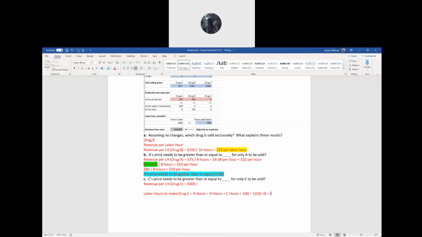So 8 plus 16 plus 8 is 32. So 8 plus 8 is 16. 16 plus 16 is 32.